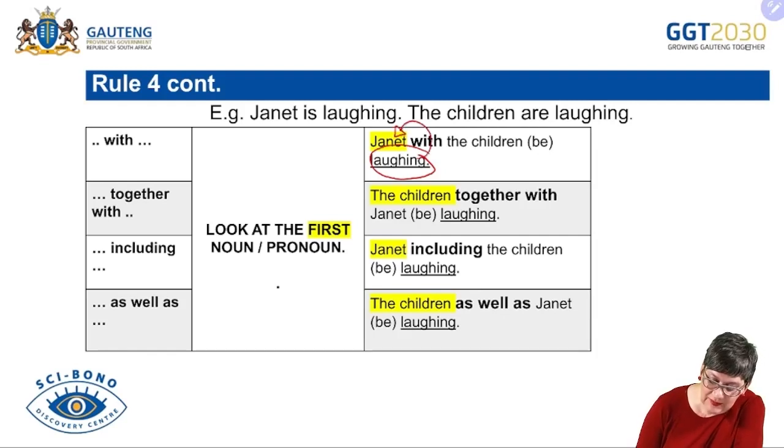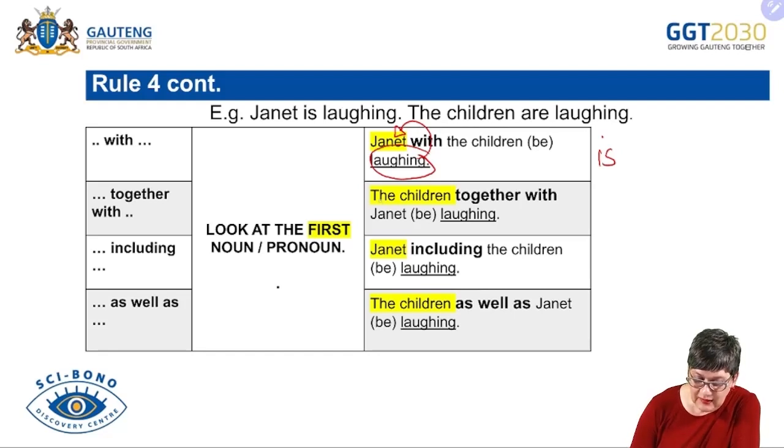So what is our first one? Is. Janet is singular. Look at the second one. The children together with Janet laughing. In this case, we are looking at the children, the first noun, and in this case, it's are laughing. Can you see how this works?